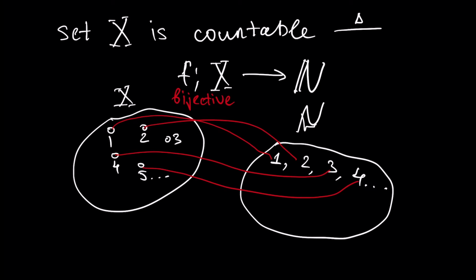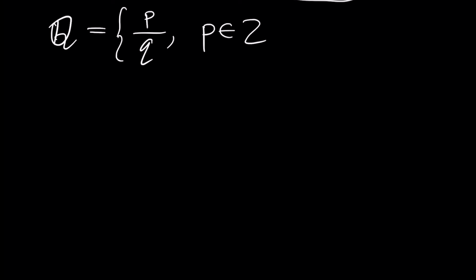The most important example of a countable set is the set of rational numbers. The set of rational numbers, as we know from the course of arithmetic, watch our arithmetic playlist, is the set of numbers that can be represented as p over q, where number p is an integer and q is natural.